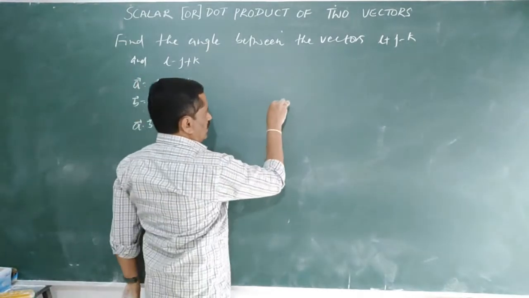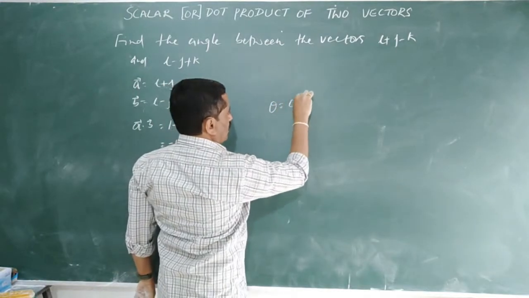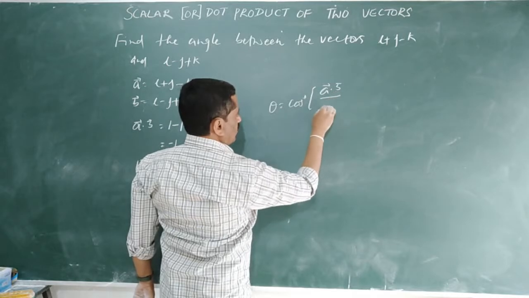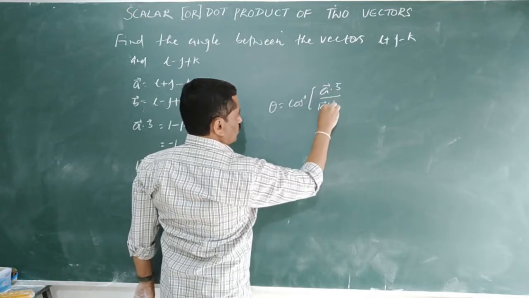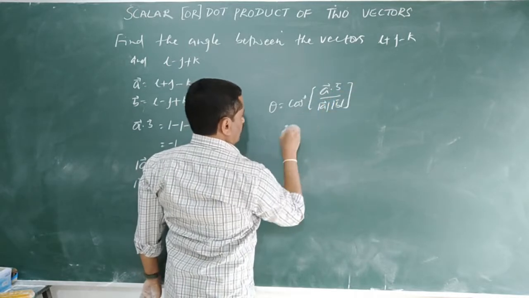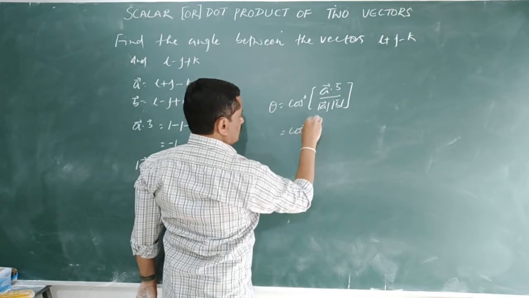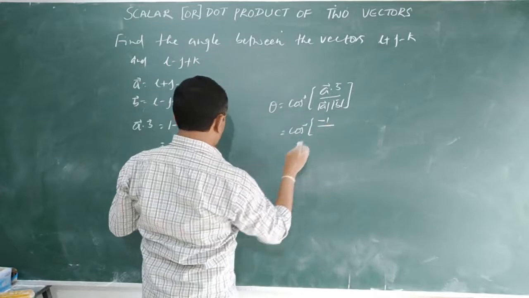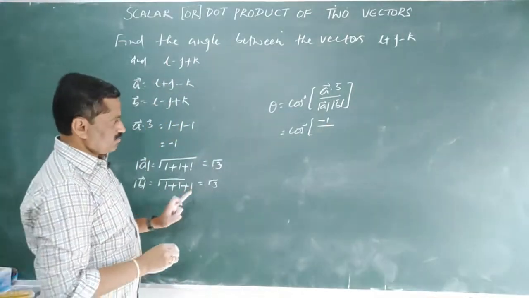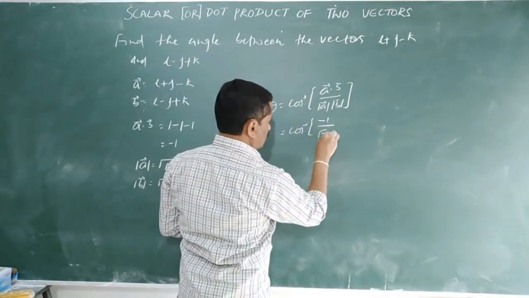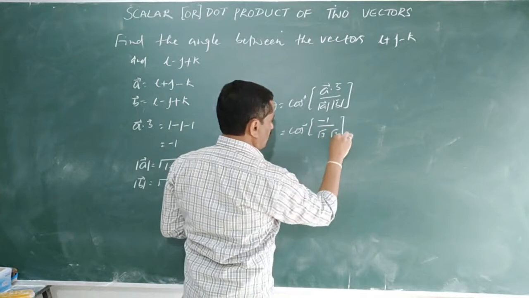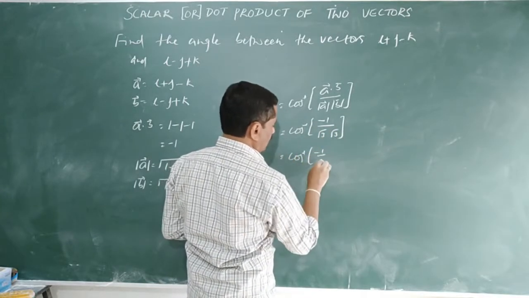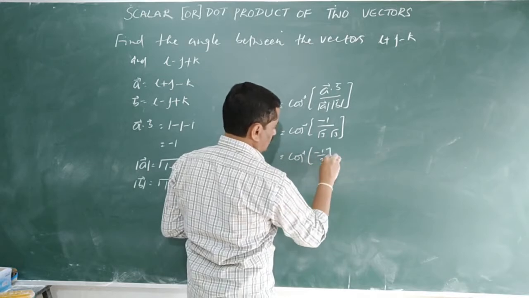Therefore theta is equal to cos inverse of a bar dot b bar divided by magnitude of a bar into magnitude of b bar. That is cos inverse of minus 1 divided by root 3 into root 3, which is cos inverse of minus 1 divided by 3.